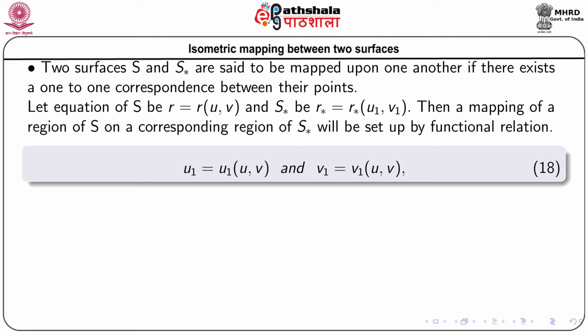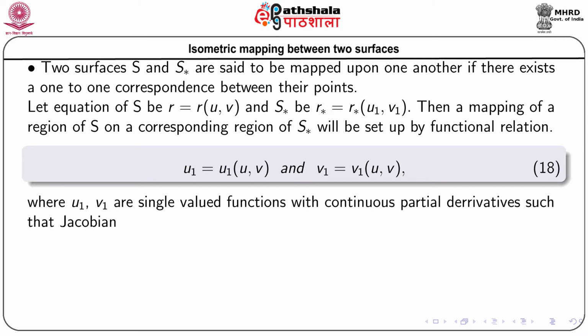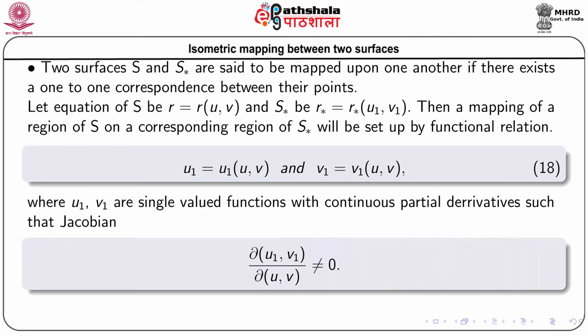So, u 1 and v 1 are both functions of u and v. The u 1 and v 1 are single valued functions with continuous partial derivatives such that the Jacobian does not vanish, because to get the inverse relation we need that the Jacobian should not vanish.